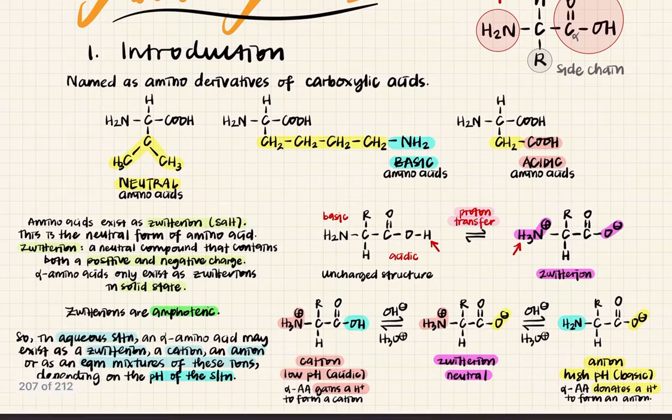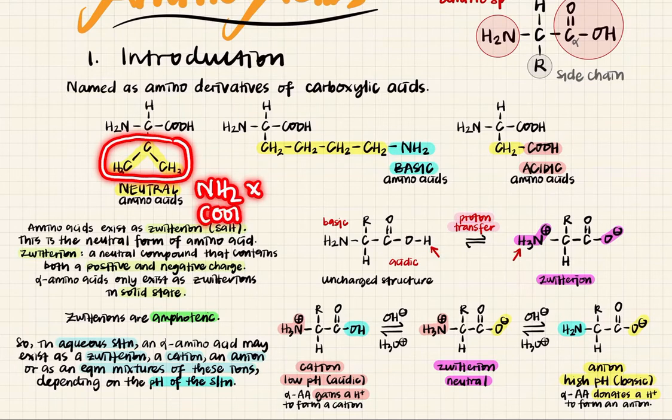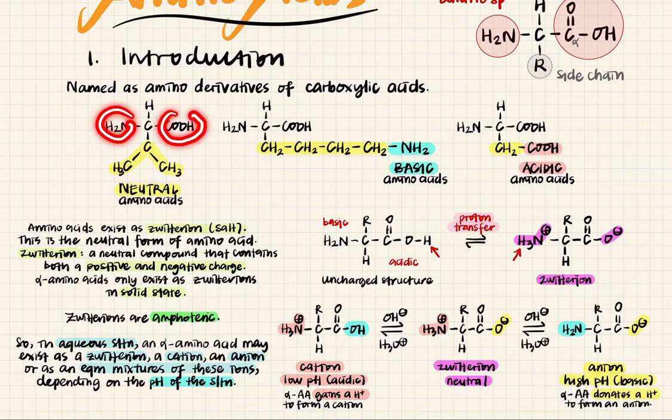Alright, so there are 3 types of amino acids. You have the neutral amino acid, where your side chain does not have any extra NH2 or COOH. So it is balanced: it has the same number of NH2 and COOH, so it is a neutral amino acid.